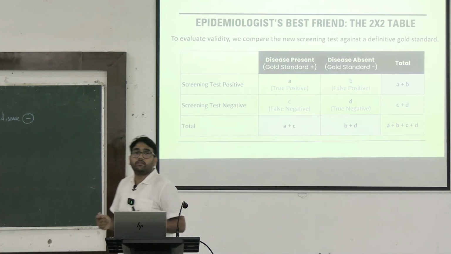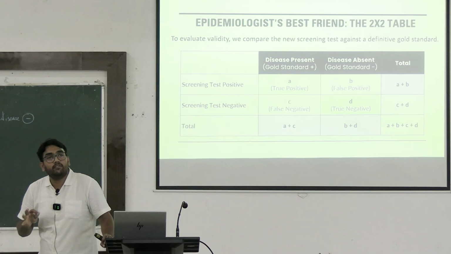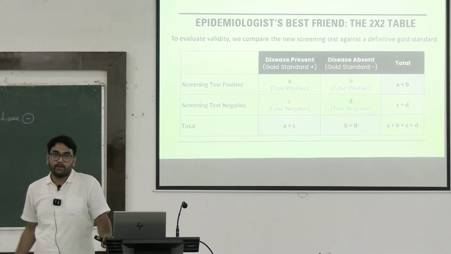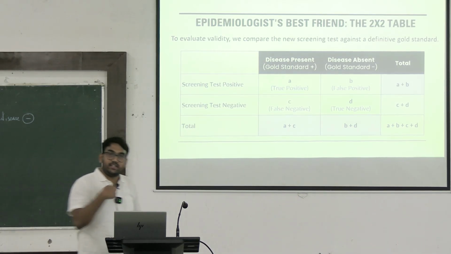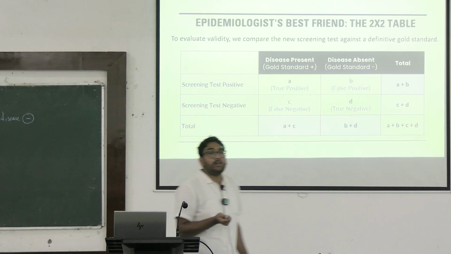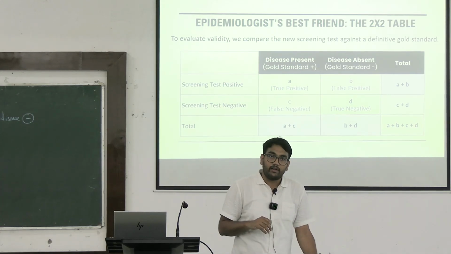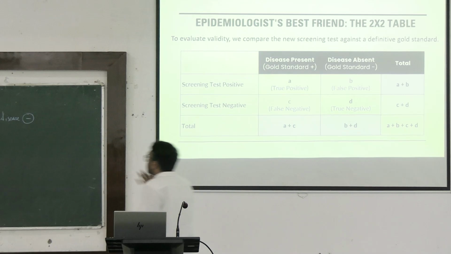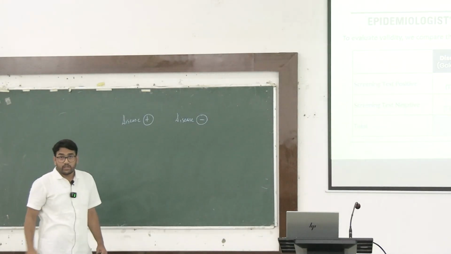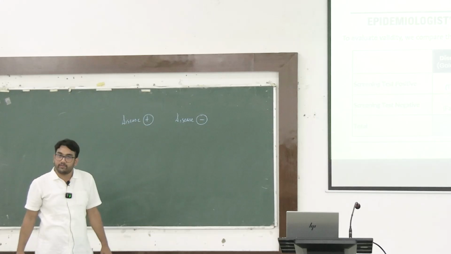But then suppose, if we take the example of breast cancer, if we are doing a USG, then the USG will be a screening test. The biopsy will be a gold standard. So when we construct a 2x2 table, we always keep disease present and absent in the columns.